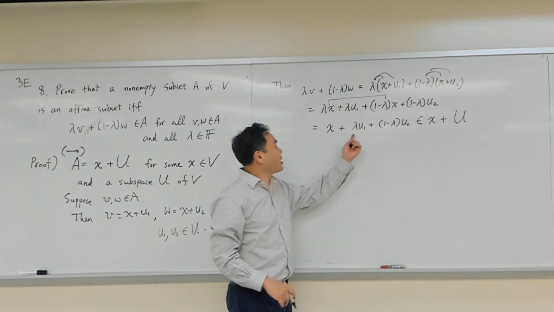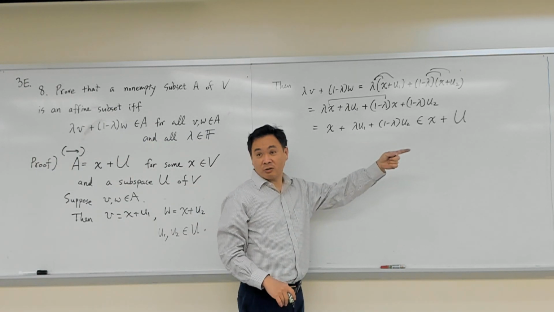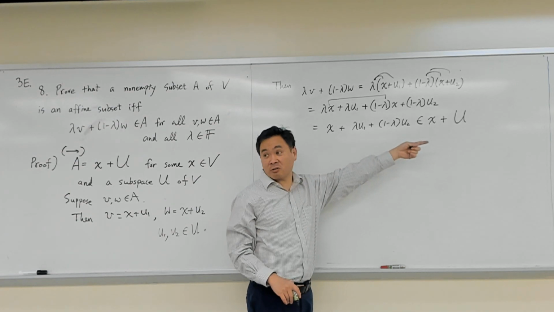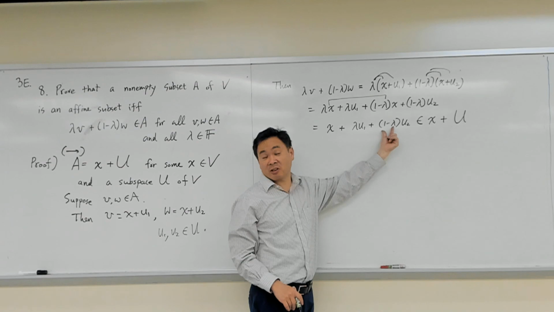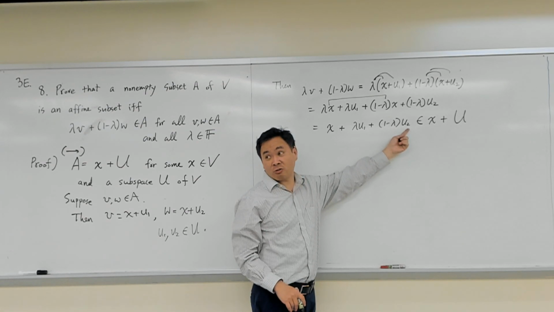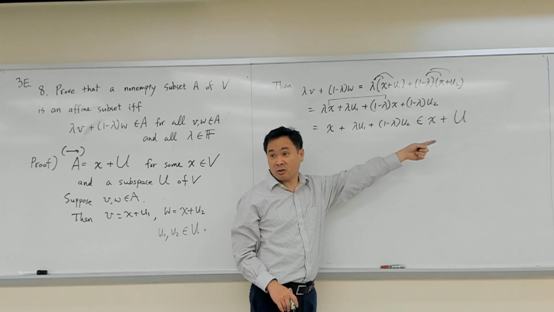First, is lambda U1 in U? Because U is closed under scalar multiplication. Same deal here. 1 minus lambda is some scalar, so you can multiply it to U2, and of course that's in U. Right?